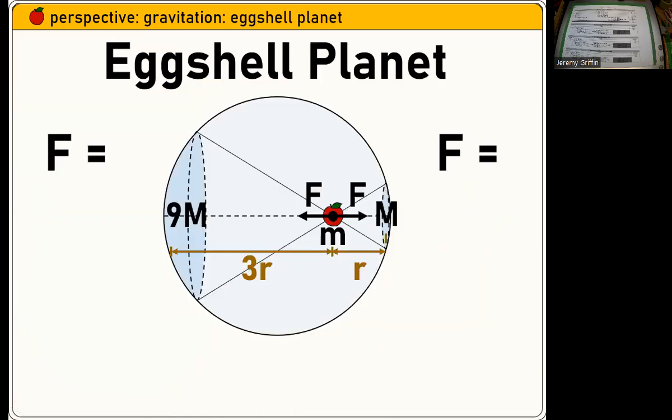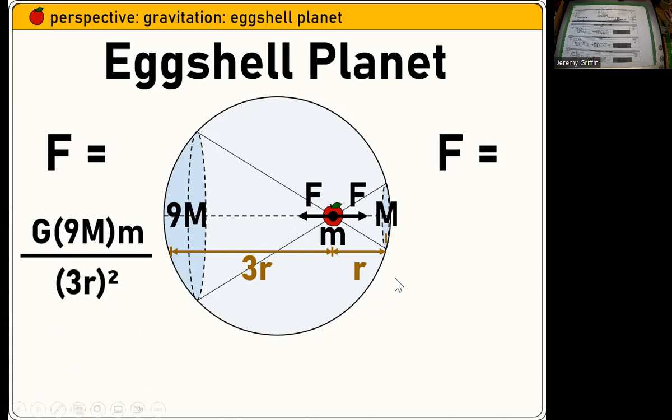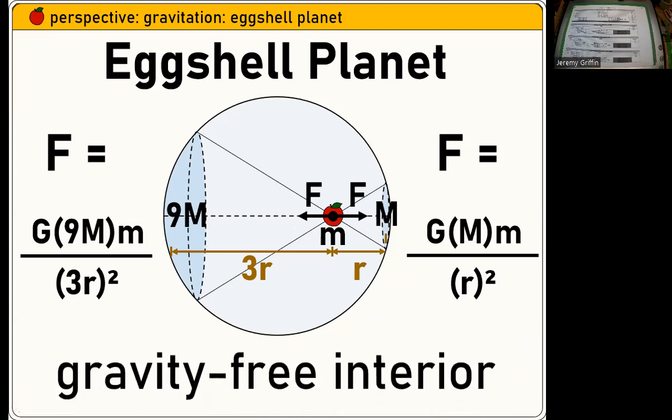I stole this from Paul Hewitt. Did I show you guys the Paul Hewitt video on this? Yeah, the eggshell planet. It's just an eggshell, a giant empty planet like a giant basketball. The forces cancel out, so there's a gravity-free interior. Now that may seem like an abstract exercise, we're never going to find an eggshell planet, but it's actually useful for figuring out what if you tunneled into a regular planet?